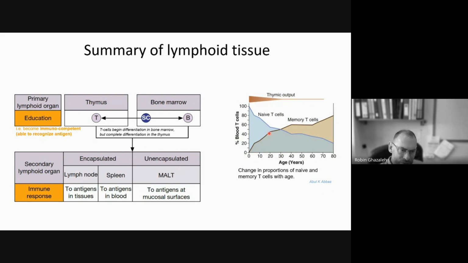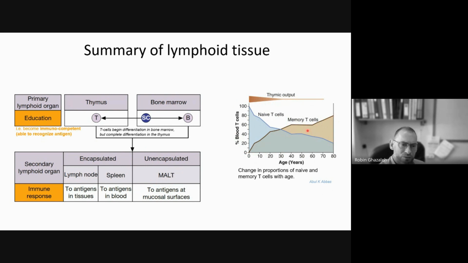As we get older, the level of memory T cells increases as the level of naive T cells decreases. So as we get older, we have a lot of memory of past infections, which is good. In a sense, it's natural, isn't it? Because if we've just been born and we haven't been exposed to antigens, why would we have memory T cells? We wouldn't, because we haven't seen anything yet to remember. But as time goes by and we accrue more infections, we get more of these. So that's quite natural.